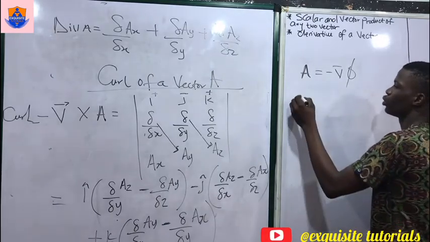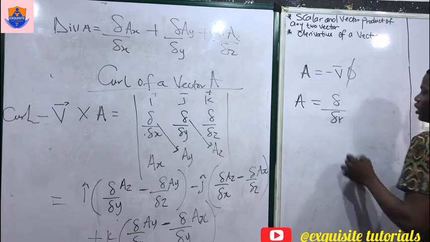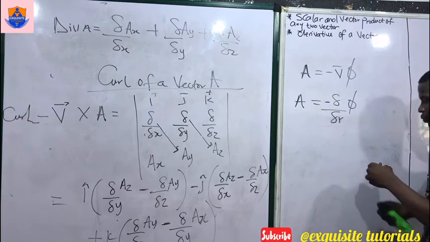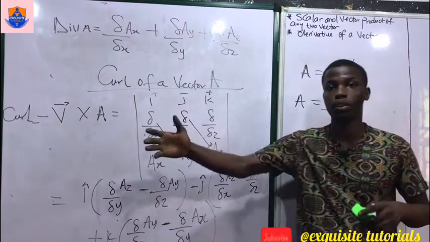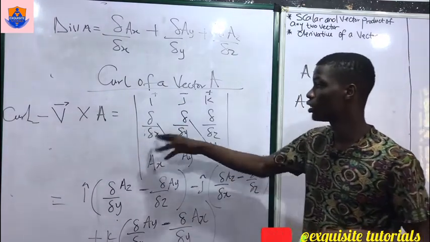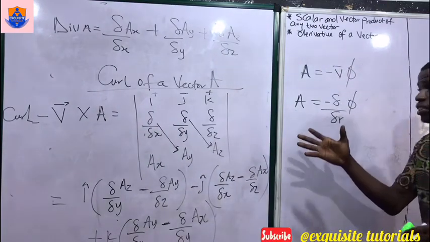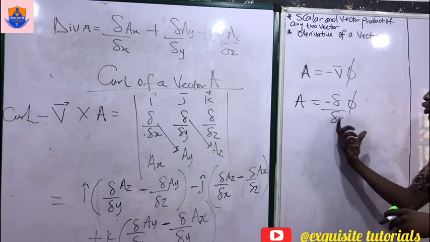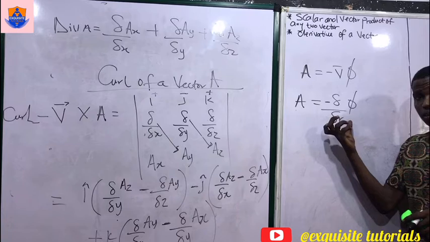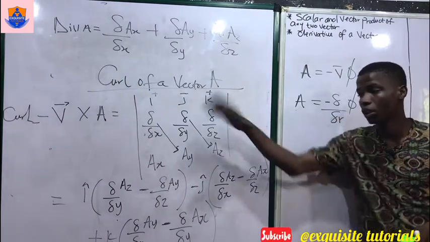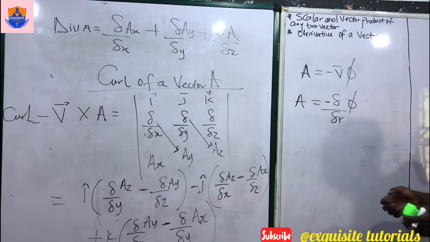So it will now be A is equal to ∂/∂r. Take note, this ∂/∂r is just the general form for writing the three components. If you don't want to stress yourself by writing ∂/∂x, ∂/∂y, ∂/∂z, adding the three together, representing it in the vector form, you can just pick a short notation for it, the ∂/∂r. That tells you already you are talking about the three components.